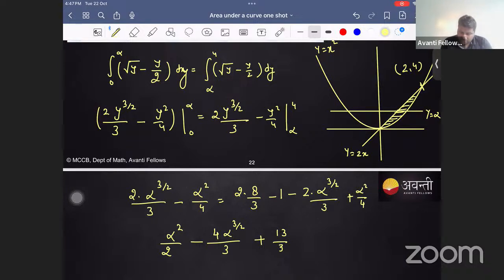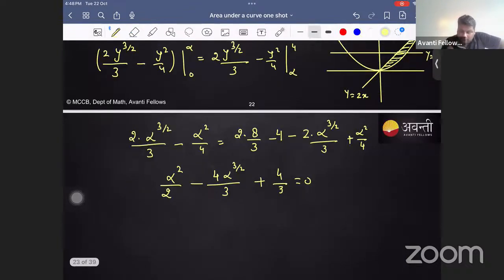Just a moment. Okay, this is 4, not 1. So it is 4 3s are 12, 16 minus 12 is 4, so it will be 4 by 3 plus 4 by 3 equals 0. Now you multiply this equation by 6, you get 3 alpha square minus 8 times alpha to the power 3 by 2 plus 8 equals 0.